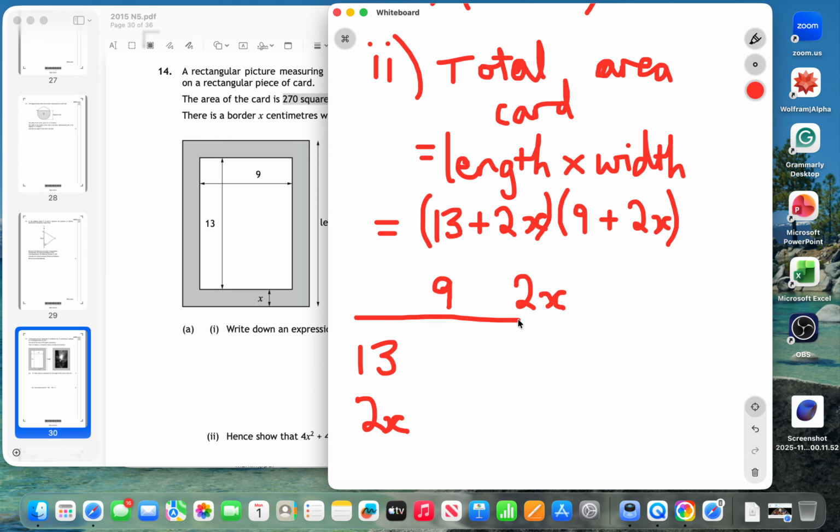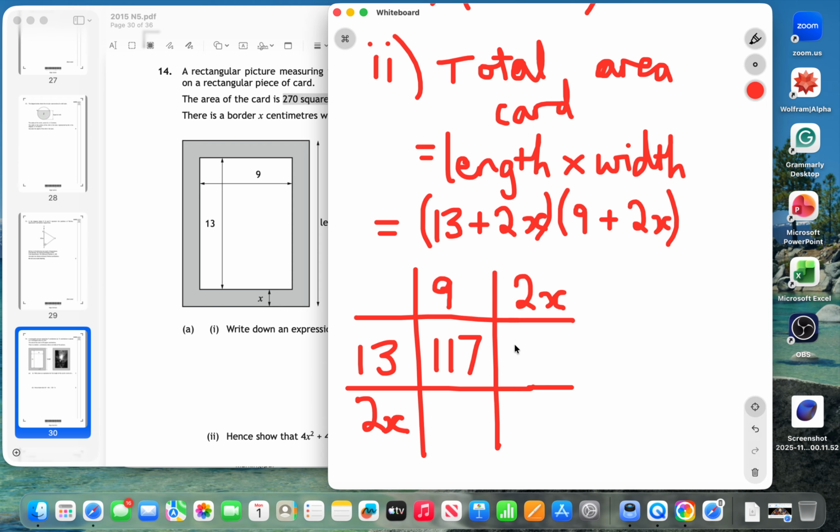And we want to then multiply each box. So you multiply the 13 by the 9, then the 13 by the 2x, and 2x times 9, and the 2x. So 13 times 9 is 117. 13 times 2x is 26x.